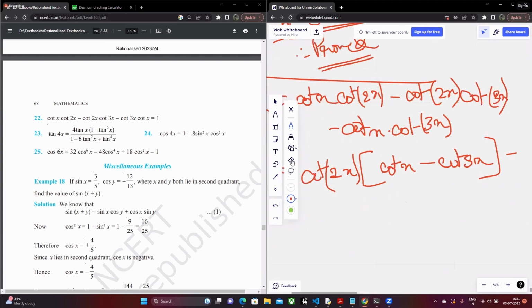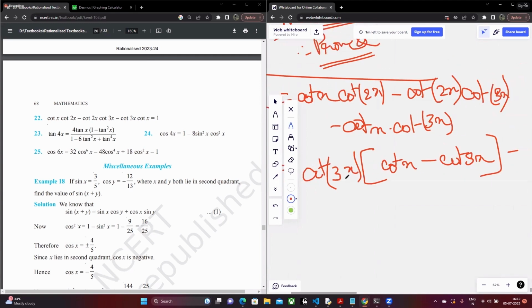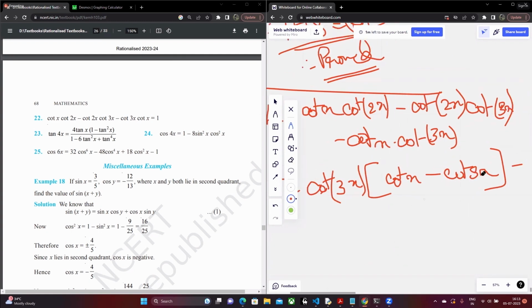Instead of this, what I'll do is, instead of 2x, I'll take 3x common. Right? Because if I take 3x common, then I can split this as 2x plus x, and I can hopefully cancel out the numerator and denominator. So if I take cot 3x common, then this is going to be minus cot 3x into cot x plus cot of 2x.